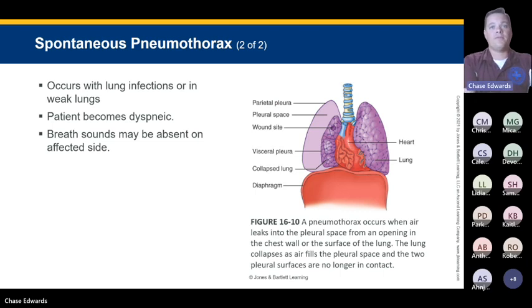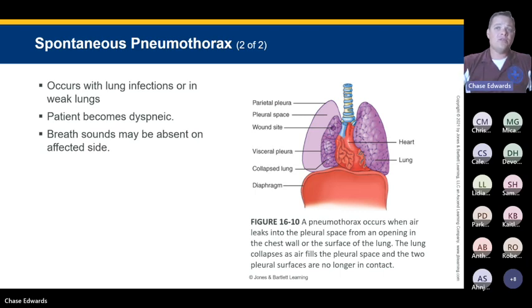All right, so carrying on with spontaneous pneumothorax. A vacuum-like pressure in the pleural space keeps the lungs inflated, right? So when the surface of the lung is disrupted, air then escapes into the pleural cavity, and the negative vacuum pressure is then lost at that point.